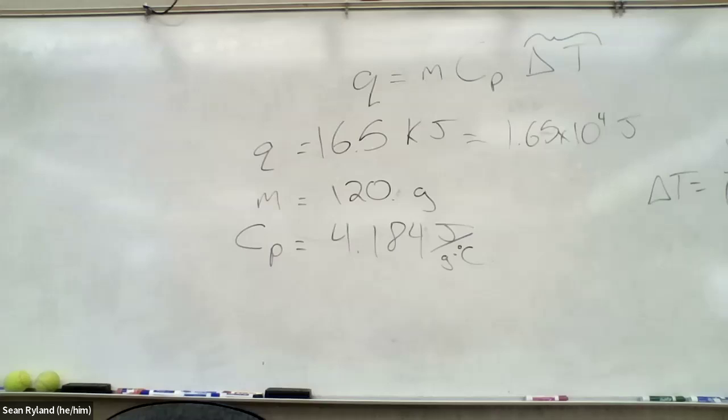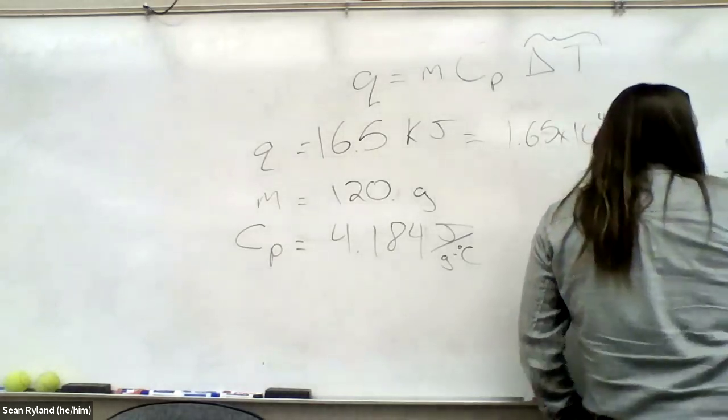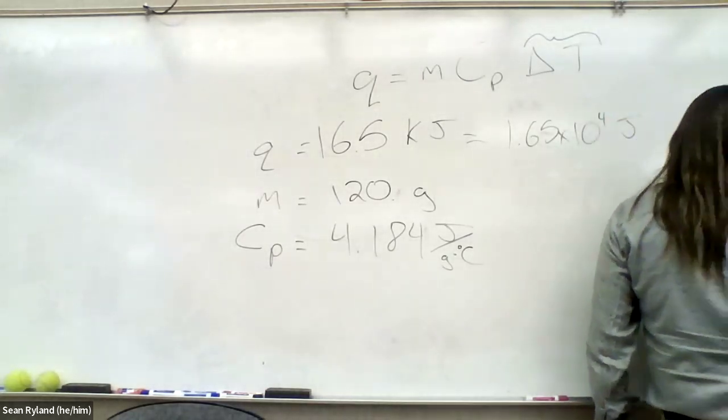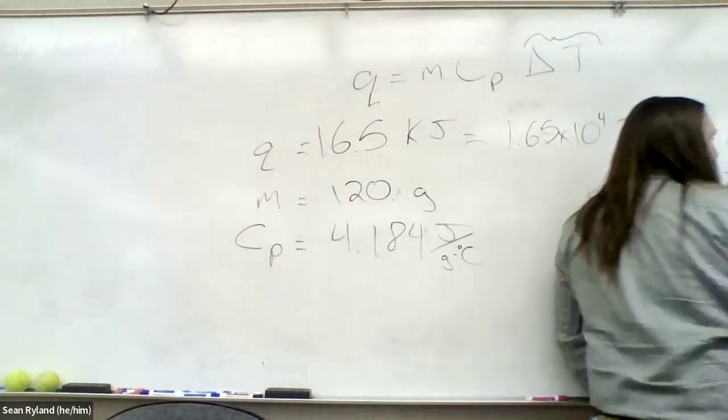Or if you're given calories instead of joules, you have to convert calories to joules before you can use this, right? So writing out your units is a good way to remind ourselves how that's all going to work. We'll get joules cancels joules, grams cancels grams.